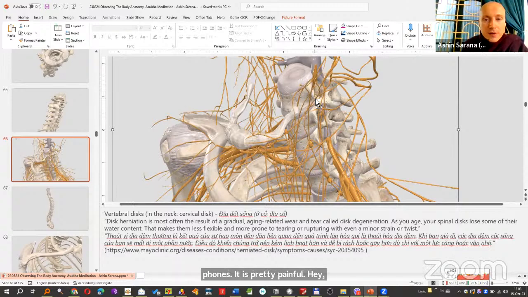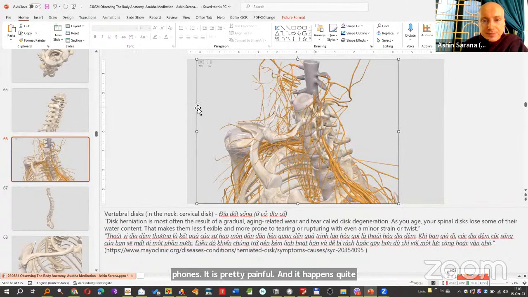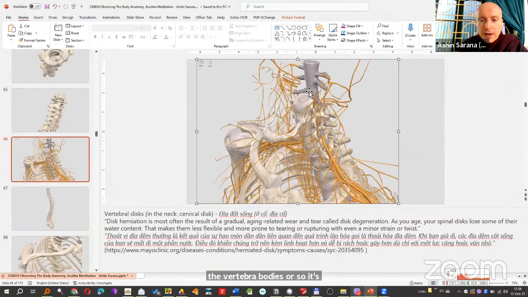And it happens quite often, especially in the neck. So you can see here that the spinal cord is embedded inside the holes of the vertebrae, while the vertebral bodies are separated by the vertebral discs.